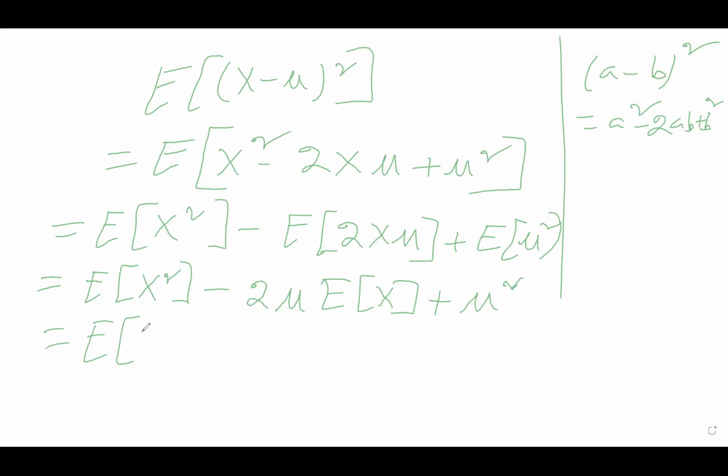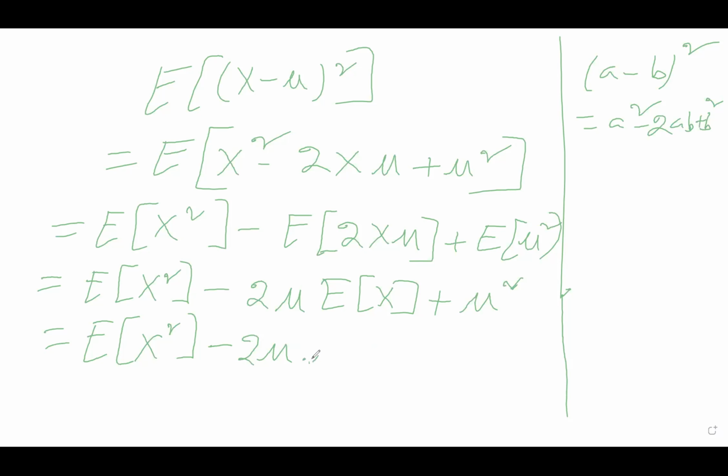Okay. So next we can write the expected value of x squared minus 2 times mu times the expected value of x. So what is the expected value of x? Can we relate the expected value of x with mu? Anyone? Yes, they are the same. Thank you. So the expected value of x and mu are the same.